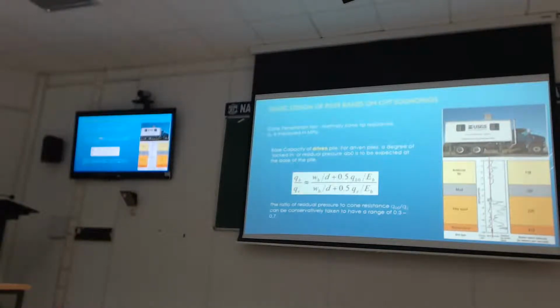Because you have failed the material or you mobilize the material into a flow mechanism like this, where the full deep bearing capacity mechanism has to form, that is because I've driven the pile and unloaded it, so I've locked in quite a bit of my base resistance at the tip of the pile.